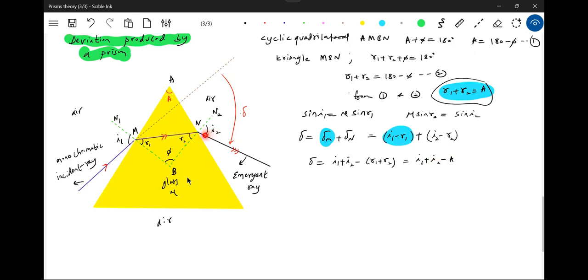So for that, what happens? We will take help of some mathematics here. First we will start with mu sine R2 is equal to sine I2.